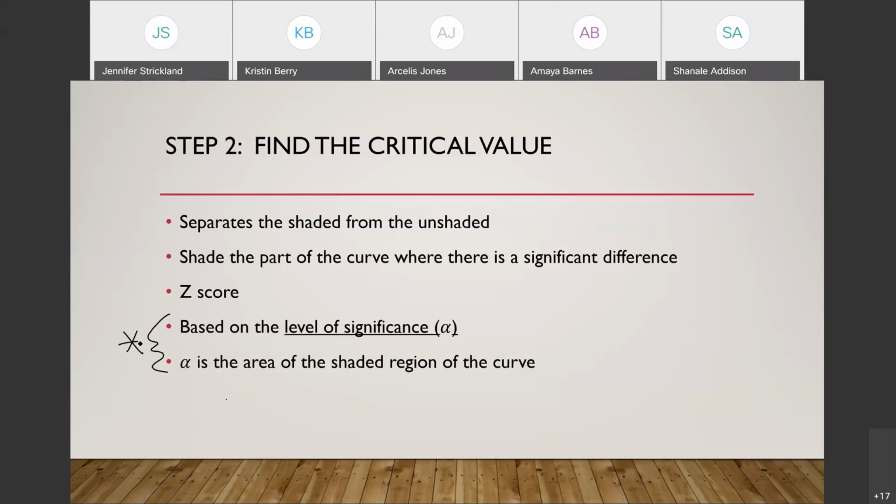They're going to tell you that in the book or on Connect Math or wherever you're working on a problem, they would give you that alpha value. And it is the area of the shaded region of the curve. So it's the thing that you need in order to actually use your table to find your z-score.